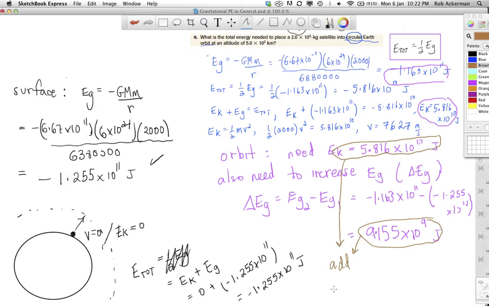And the answer I get is 6.7 times 10 to the 10 joules of energy needed. That's a lot of energy. That is 67 billion joules. Where are you going to get that kind of energy? With a really large rocket burning a lot of fuel. It is not easy to get a 2,000 kilogram satellite into orbit.